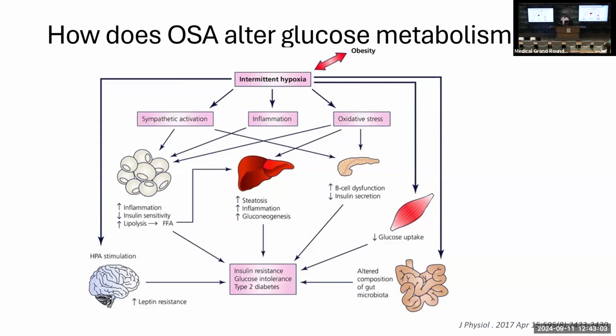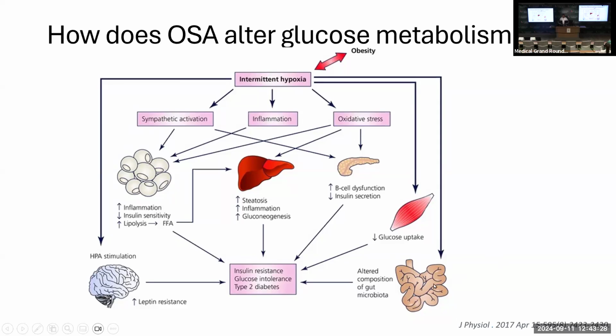At the level of the liver, it can cause fatty liver or steatosis, increased inflammation, and increased glucose production from the liver. At the level of the pancreas, it can cause decreased insulin secretion and also beta cell dysfunction. At the level of the muscle, it can cause decreased glucose uptake, both due to the intermittent hypoxia and because there's an alternative substrate in the form of free fatty acid.